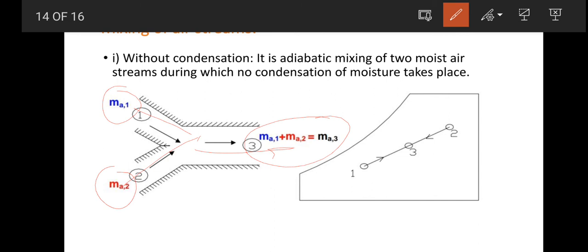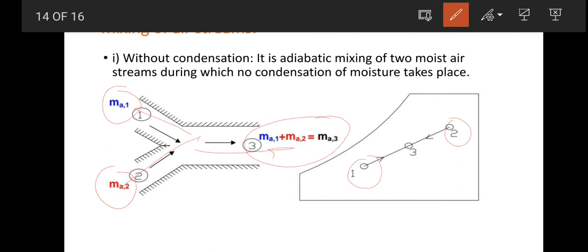But when we plot these points, consider point number 1 and point number 2, these are the points according to the dry bulb temperature and specific humidity. We plot these points on the psychrometric chart.